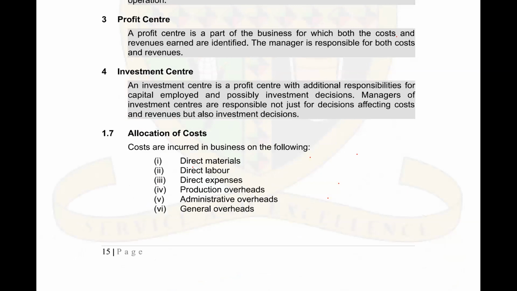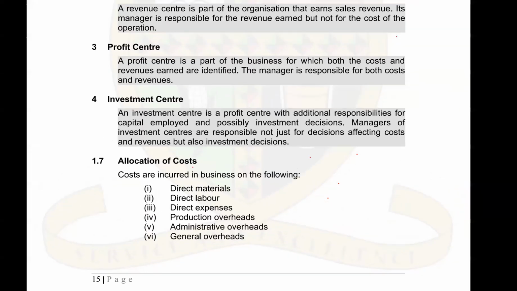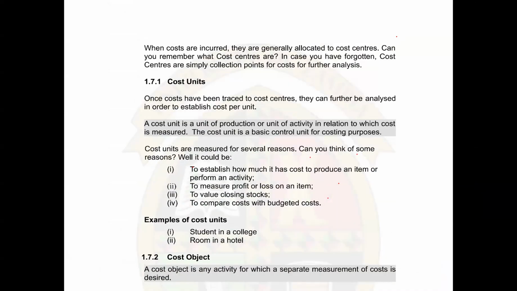You'll understand that the costs are allocated, most of the time, the direct costs that originate from direct materials, direct labor, direct expenses, from the production overheads, from administration overheads, and from the general overhead. I already talked about these. We'll talk about them in detail, like labor costing, overhead costing, material costing, among others. Those are the things that we will be talking about.